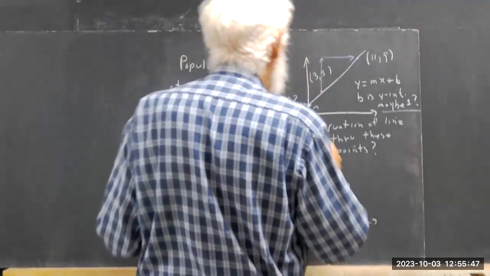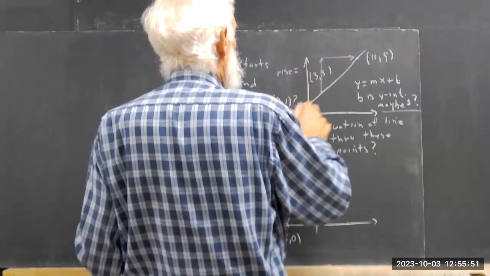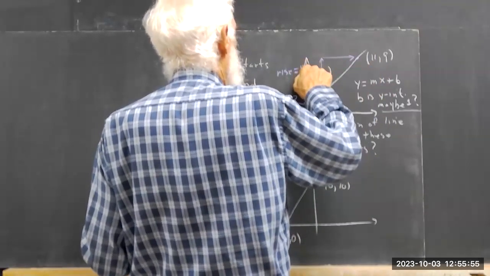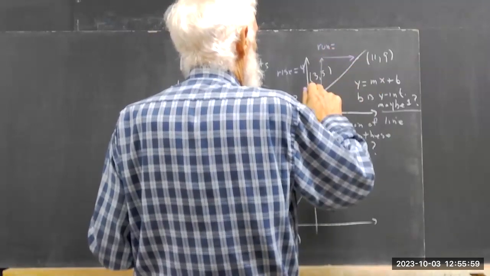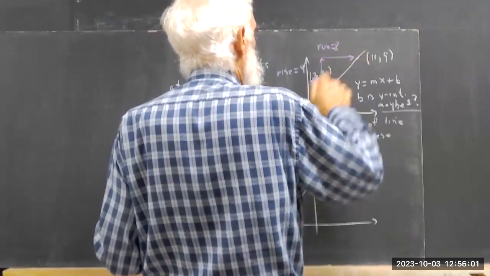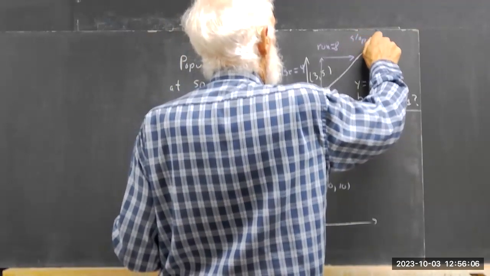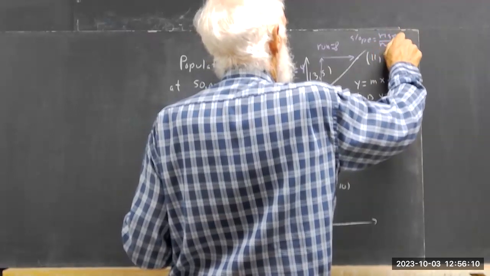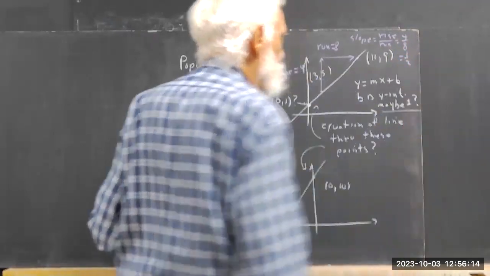So the rise goes from 5 to 9, it's 4. There's a formula for it. You just calculate it. The run is 8, so the slope is 1/2.